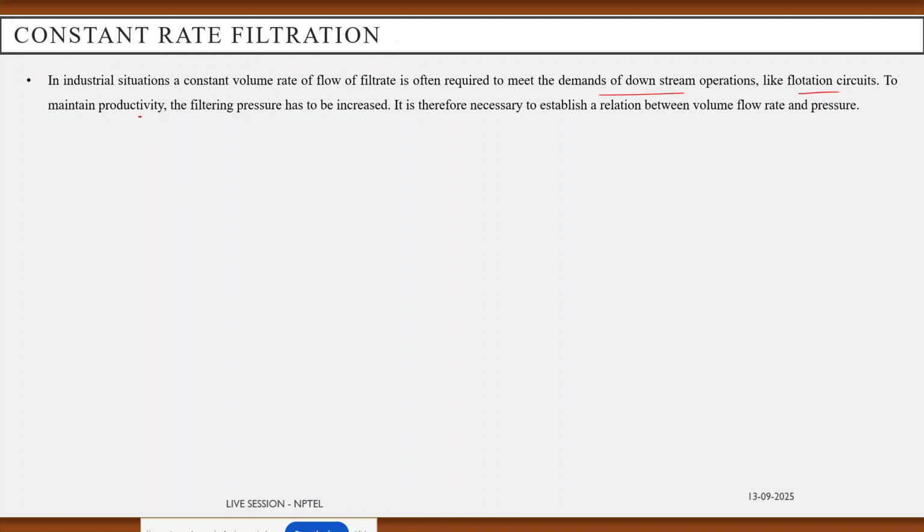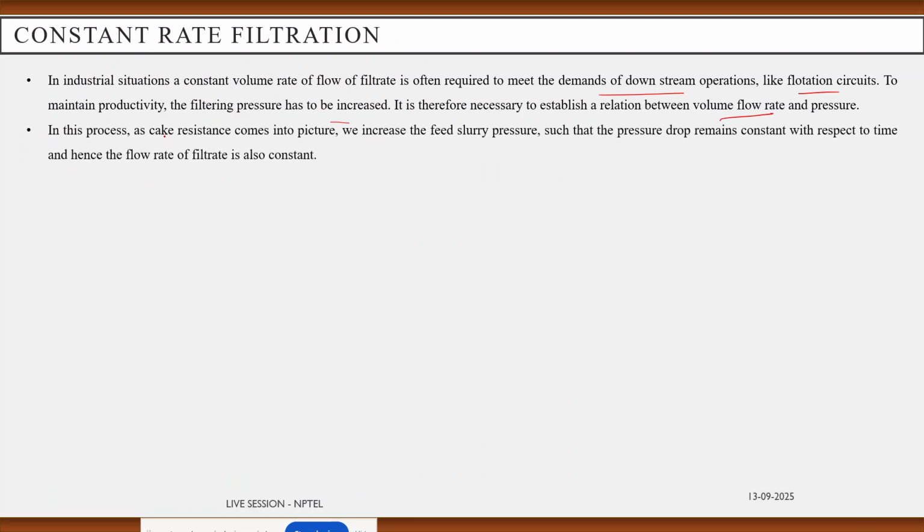To maintain the productivity of the plant, the filtering pressure has to be increased. Therefore, we are maintaining a constant flow rate. It is therefore necessary to have a relation between the volumetric flow rate and the pressure.